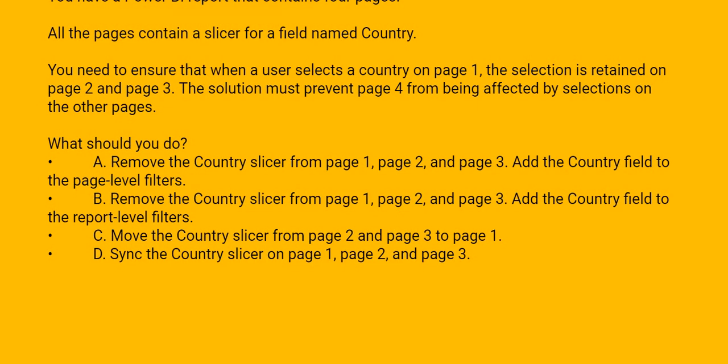Option C, move the country slicer from page 2 and page 3 to page 1. Option D, sync the country slicer to page 1, page 2 and page 3. Correct answer is option D.